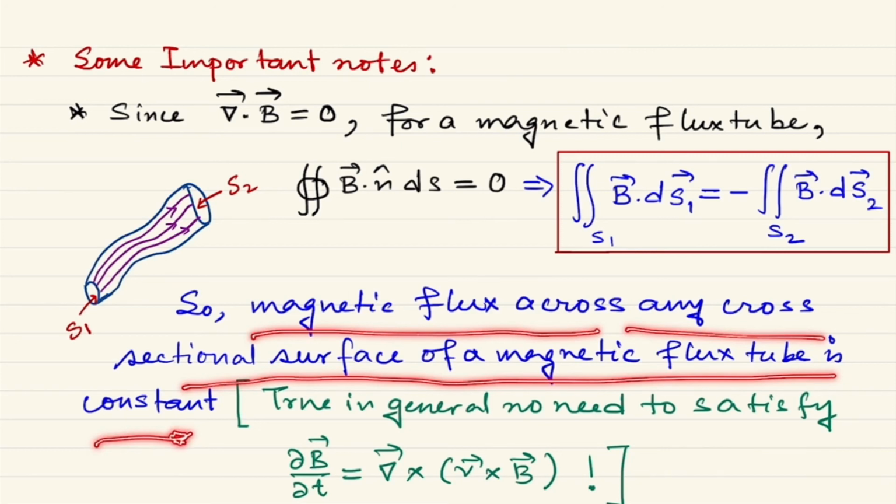We don't need the Kelvin vorticity theorem to be true for that. That means we don't need the magnetic field to satisfy the magic equation for that.